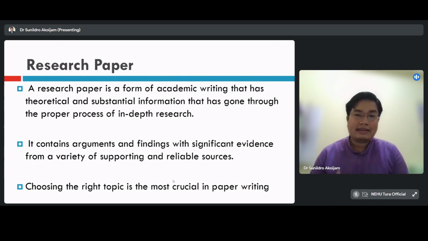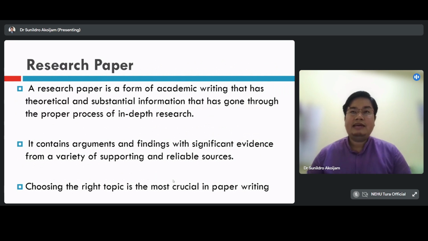While writing a research paper, and when it is published, it is not only the individual paper writer who benefits, but all the stakeholders benefit from it. So while writing a paper, you should consider this important aspect, which many young faculties and young researchers do not give due importance.